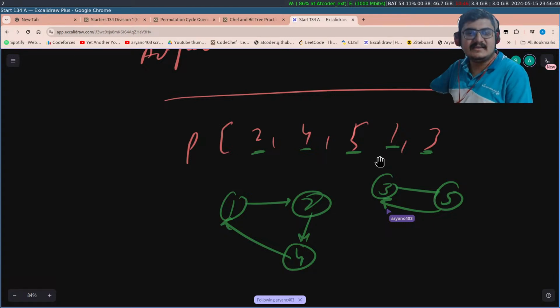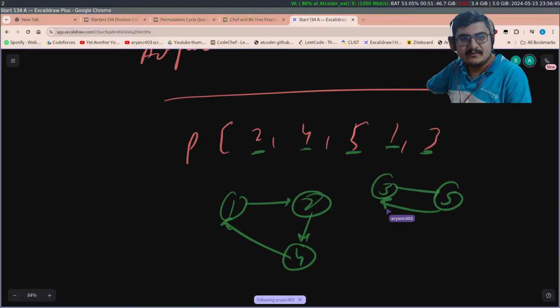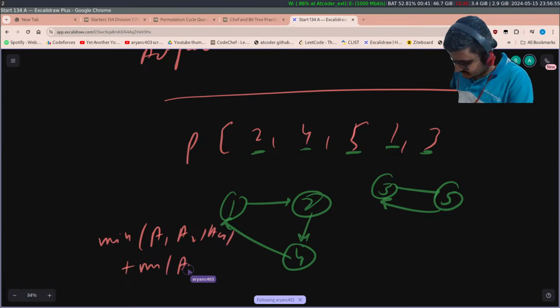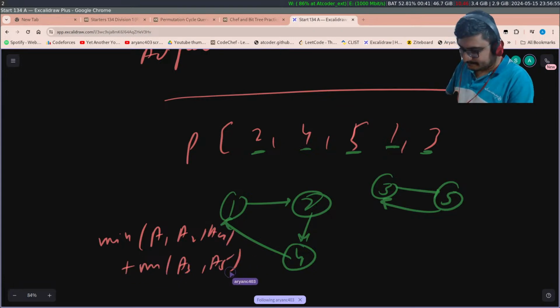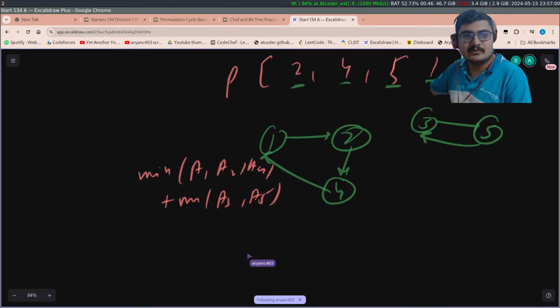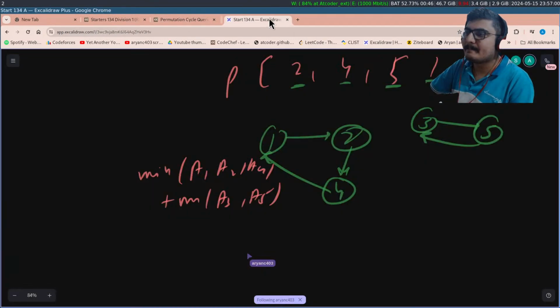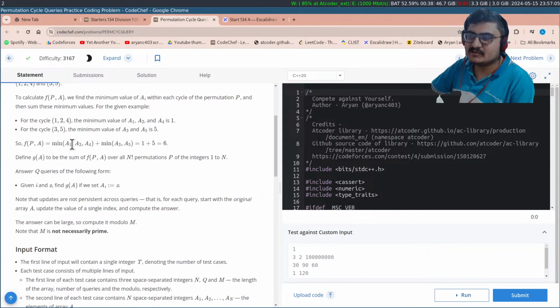What it says is, given values of A, find the minimum value in each cycle. So we need the minimum of A1, A2, A4 plus the minimum of A3, A5. These values are respectively 1 and 5, so for this the function becomes 6.